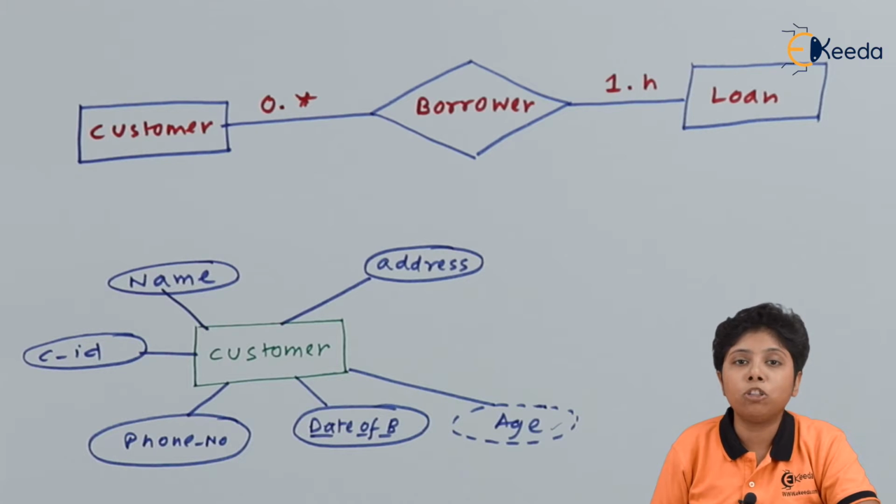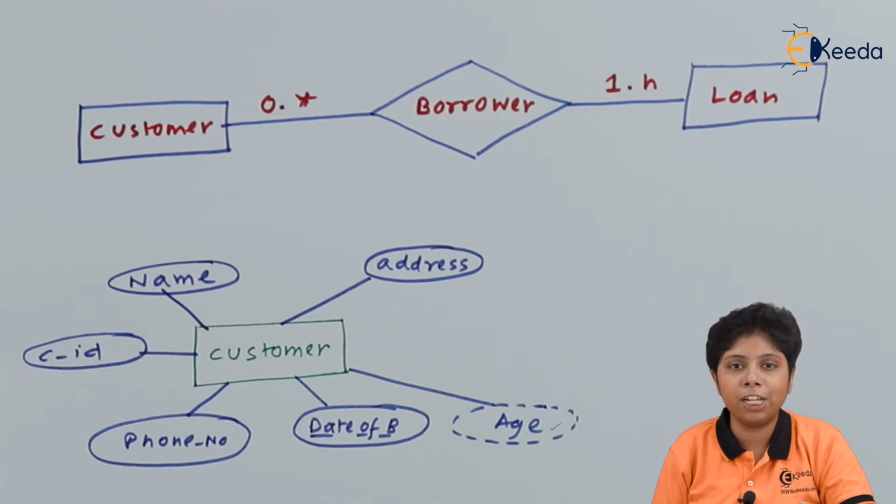Now we will talk about the multi-valued attribute. When I'm talking about a multi-valued attribute, I mean that the attribute of that particular relation can have more than one value. That means a person can have more than one phone number.